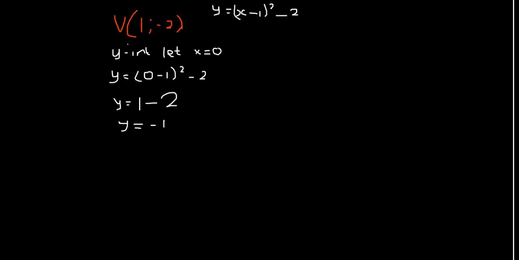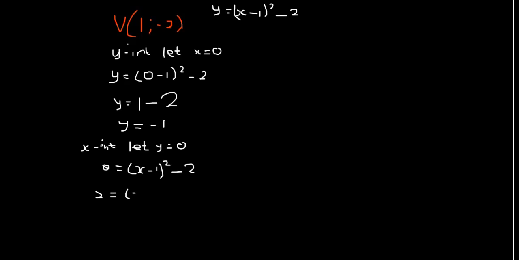When we look for the x-intercept, now let y equal 0. 0 equals, open the bracket, x minus 1 all squared minus 2. To find the value of x, you can transpose -2 to the other side of the equal sign. It will become +2.